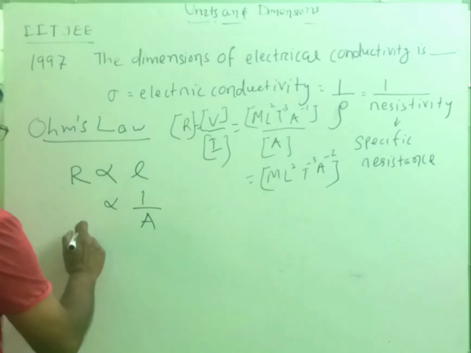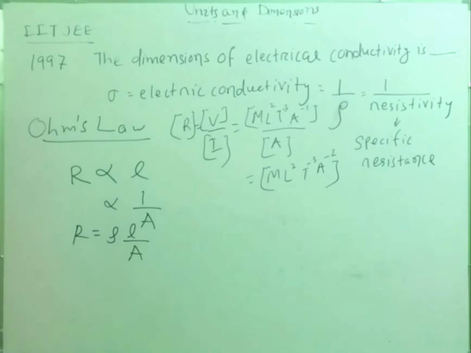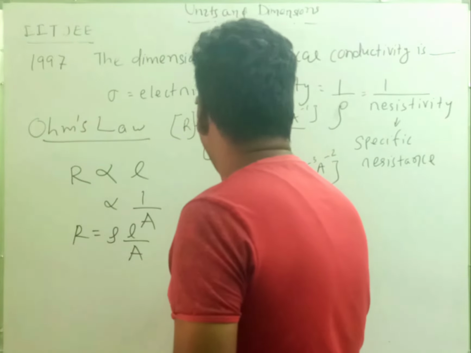So we may write, students, R is equal to rho L by A, where rho is the proportionality constant called specific resistance or resistivity. So the formula for rho will be equal to R A by L.